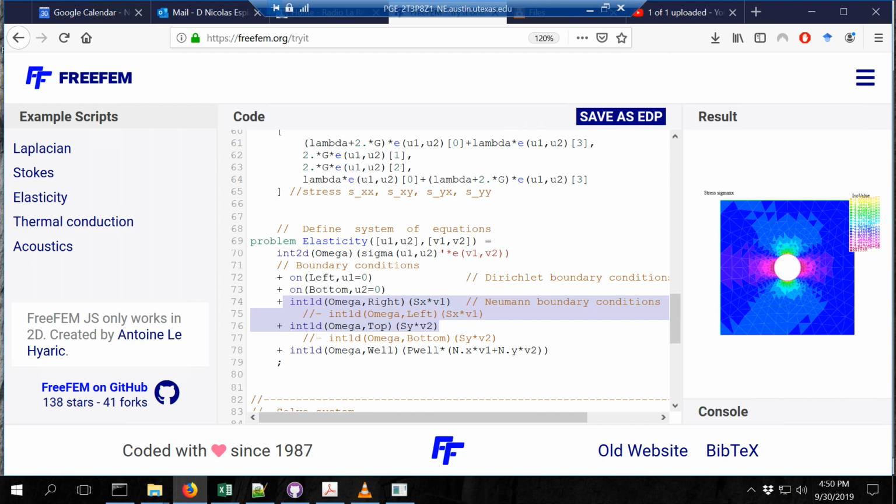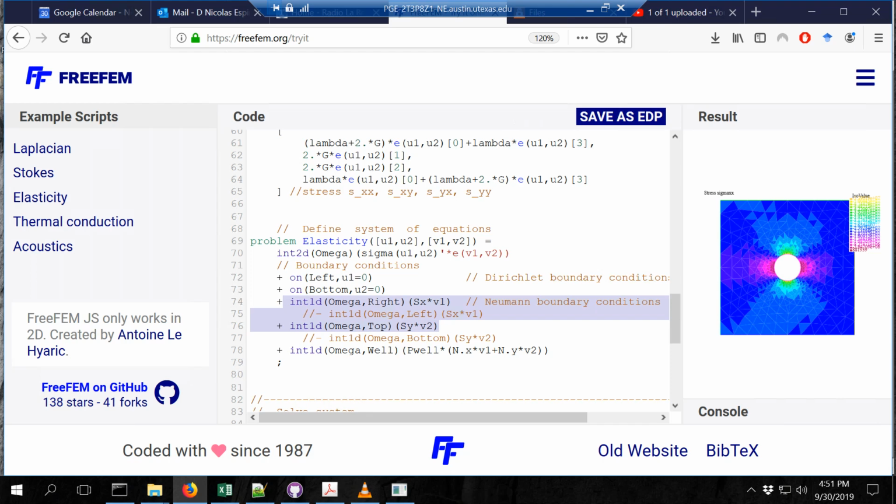So notice that displacement in direction 1 is the vector perpendicular to this boundary. So stress times displacement, which is a virtual displacement, is V1. That is what is going to set the boundary condition. And in this case, we're just going to set a stress.